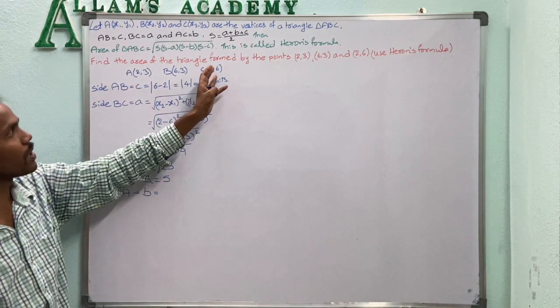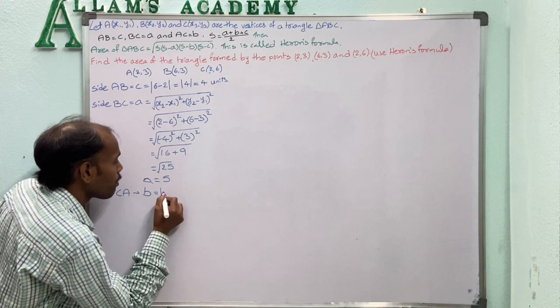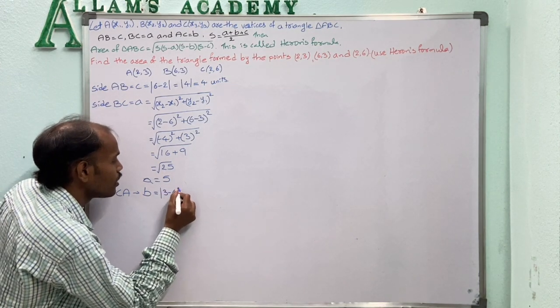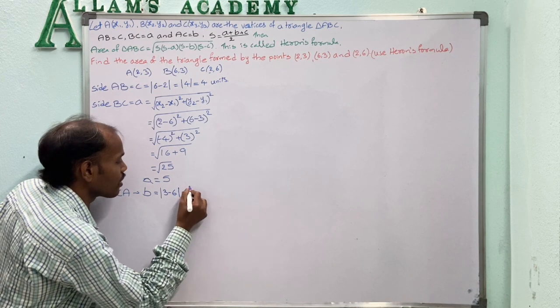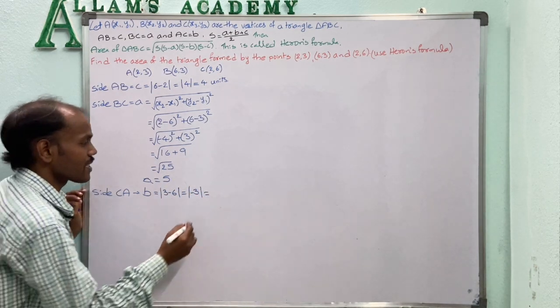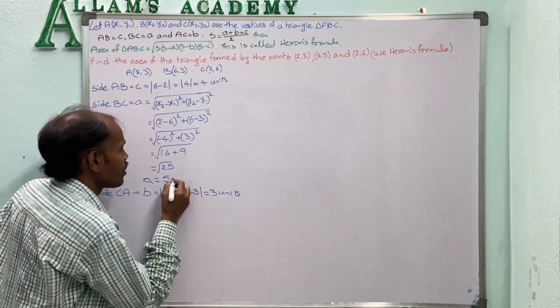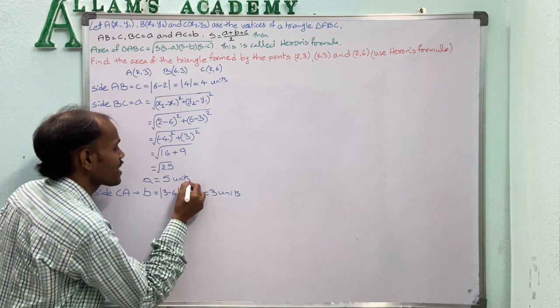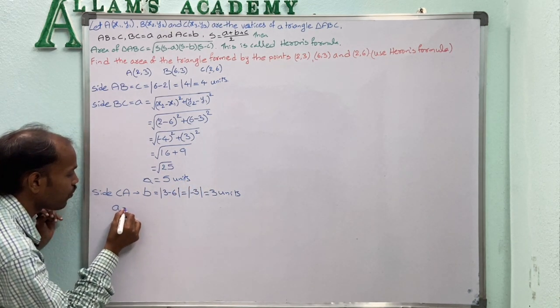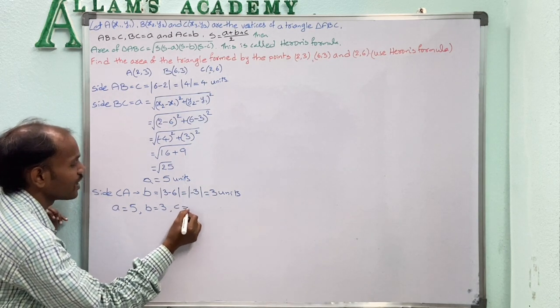So the distance between the two points is |y2 minus y1|, that equals |3 minus 6|, which is |minus 3|, equal to 3 units. So the three side lengths are a equal to 5, b equal to 3 and c equal to 4.